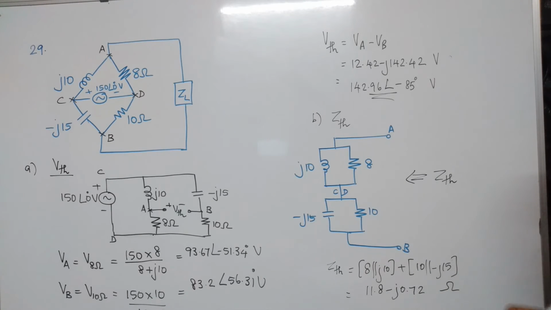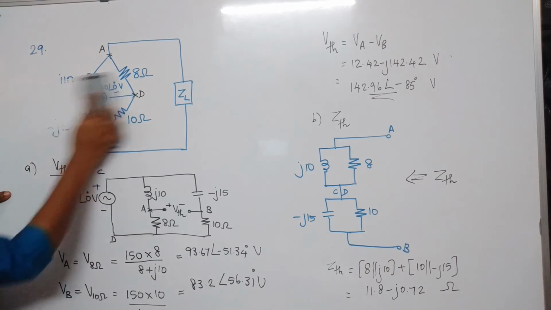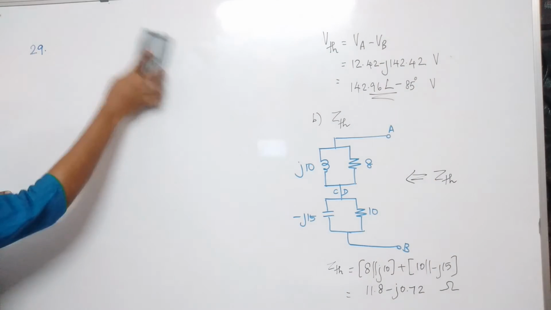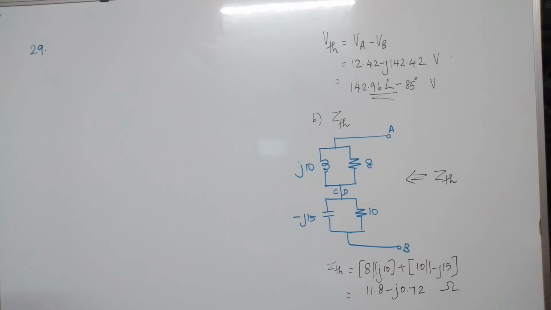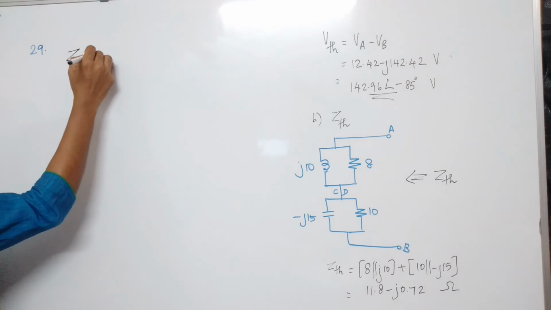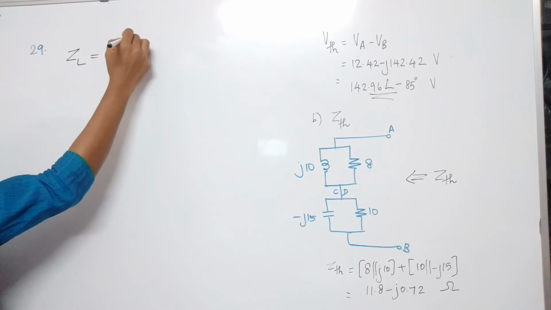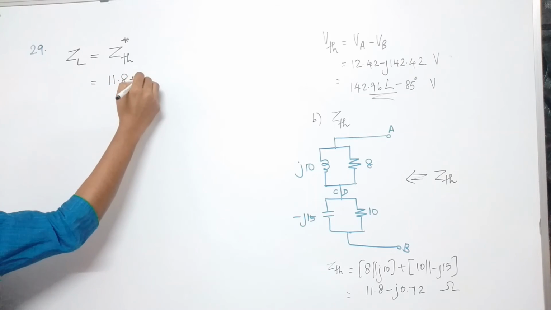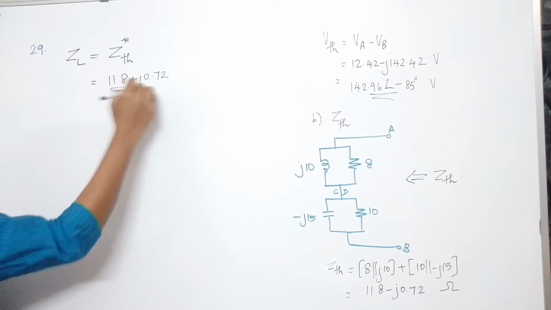So we can write ZL is equal to ZTH conjugate. So the value of ZL will be 11.8 plus J.72.